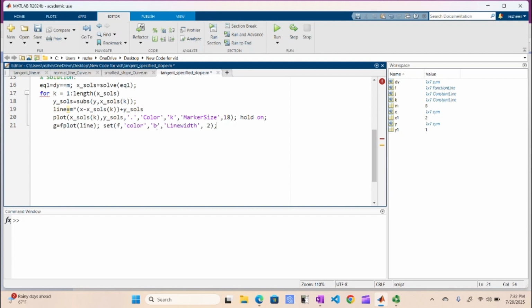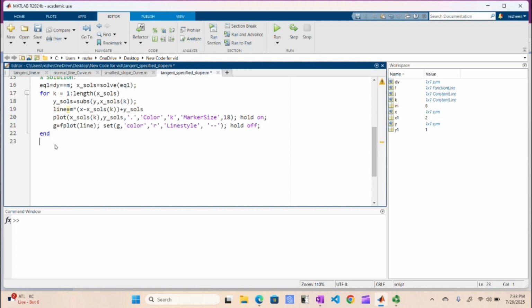So set G, and color will be red, line style will be dash. So we're going to put a dash in there. All right, and hold on still because we're adding more to our graph. That's the end of the for loop there. Actually, we don't need this hold on. Maybe just say hold off, because I think that's all we need to graph here for this problem.